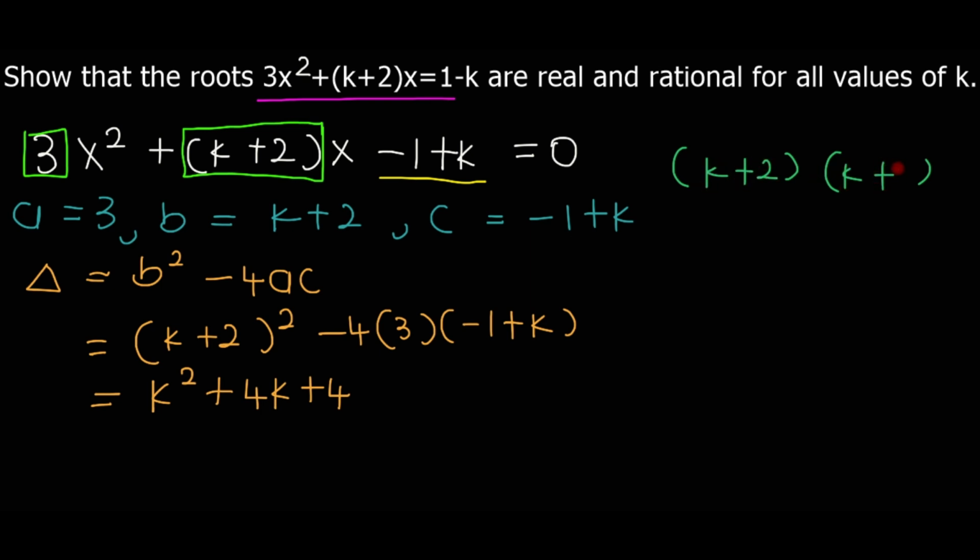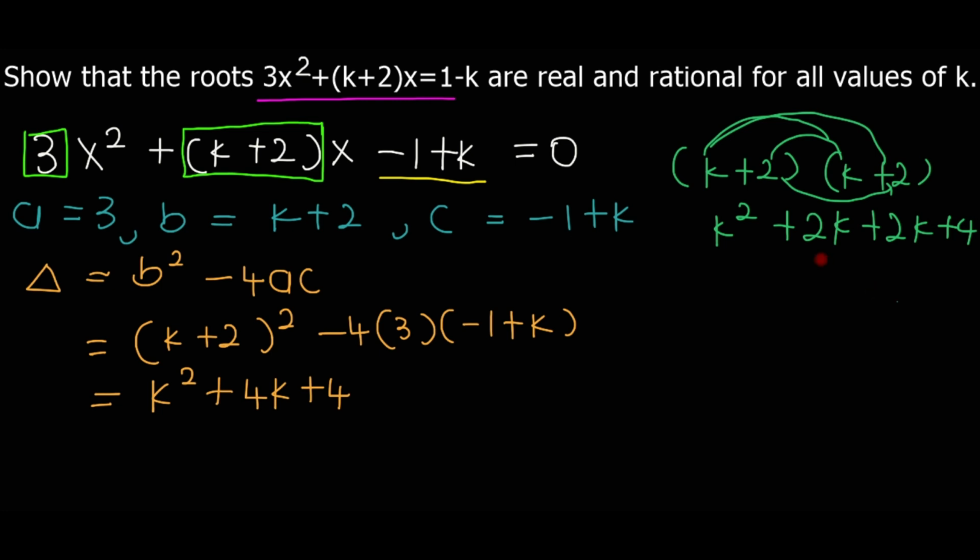If you're not sure, remember it's only 2 brackets, k plus 2 and k plus 2. Therefore we multiply out the brackets: k times k is k squared, k times 2 is 2k, 2 times k is 2k, and 2 times 2 is 4. Adding like terms, 2k plus 2k is 4k.